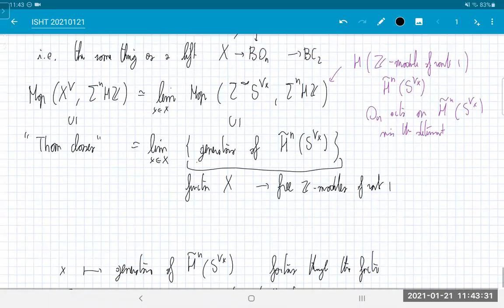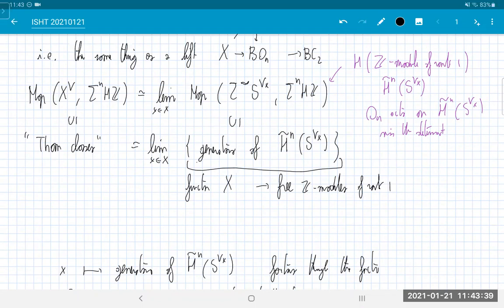So let me step back. So we are all good here. This space is the limit over all x in X of the set of generators of this abelian group. But you can think of it as a functor from X to the category of free Z-modules of rank 1 with a choice of generator.